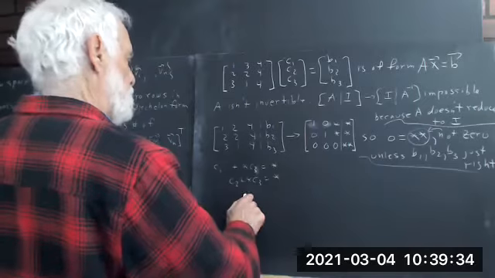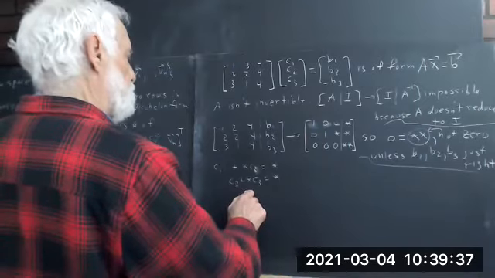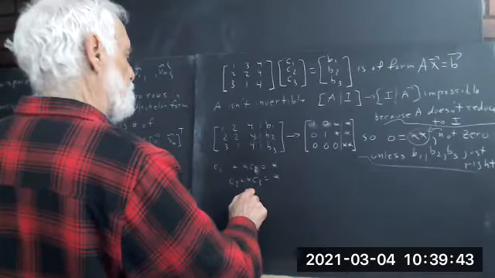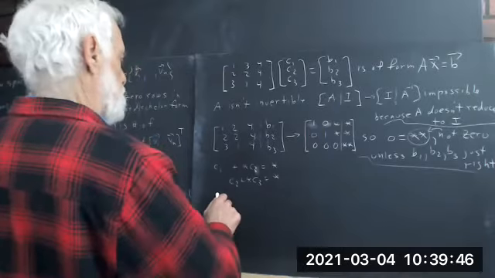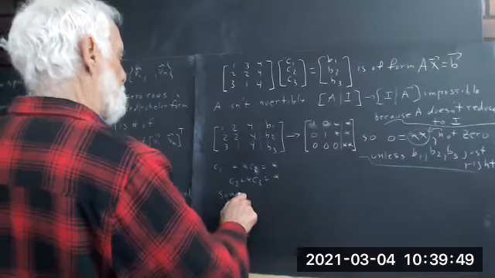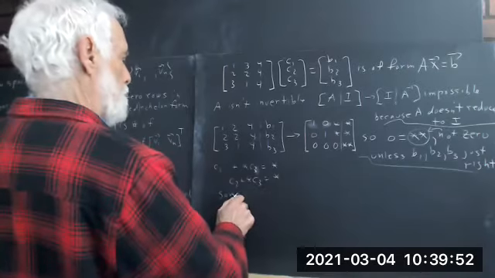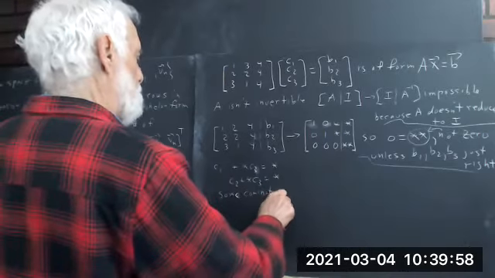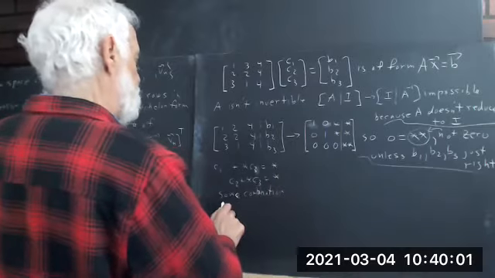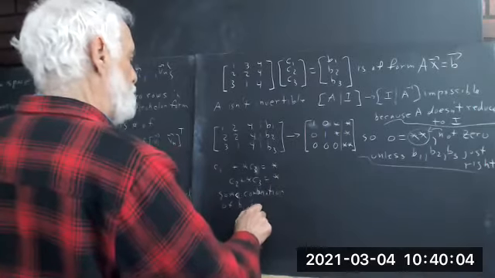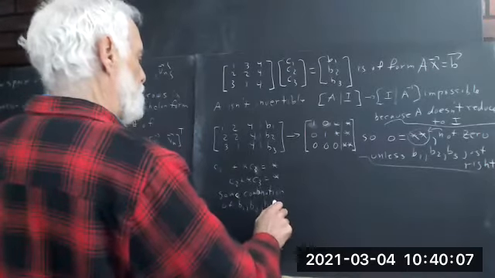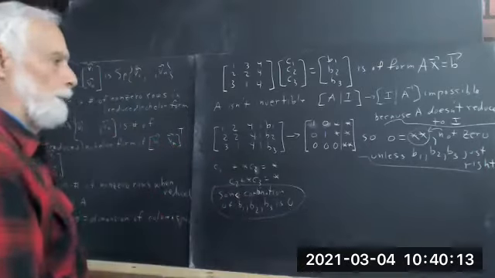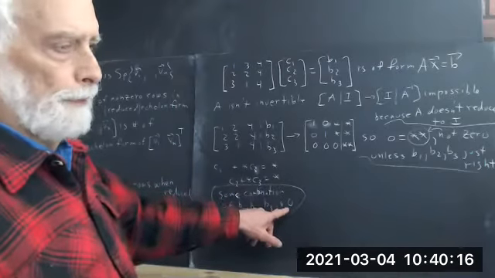And some combination of B1, B2, and B3 is 0.